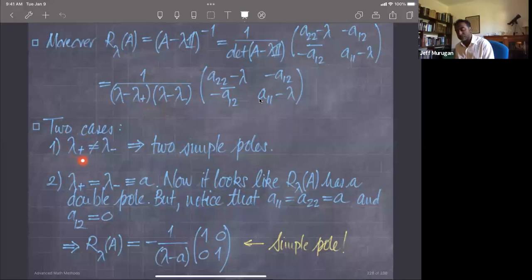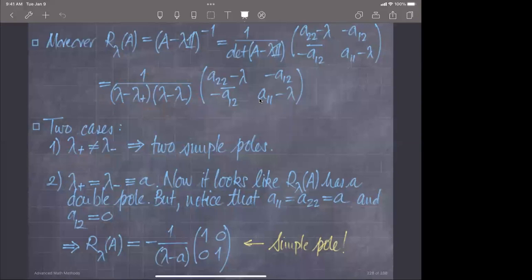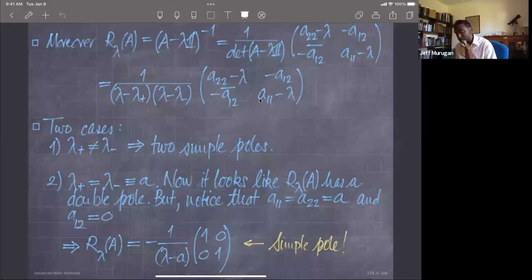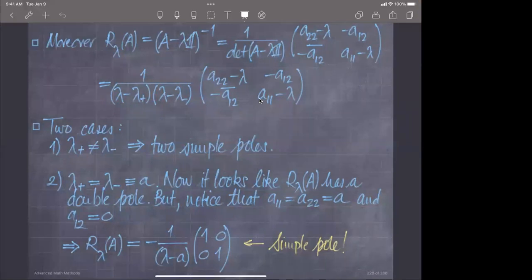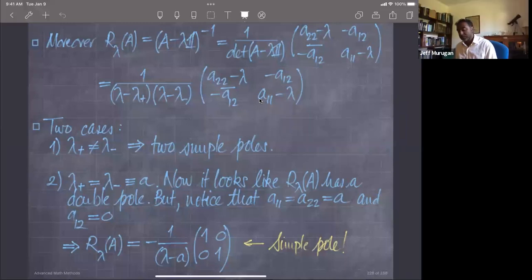One is if lambda plus and lambda minus are different things. Then clearly I've got two poles and they are both simple, so they're both raised to the power 1. So the second case is the opposite of this.